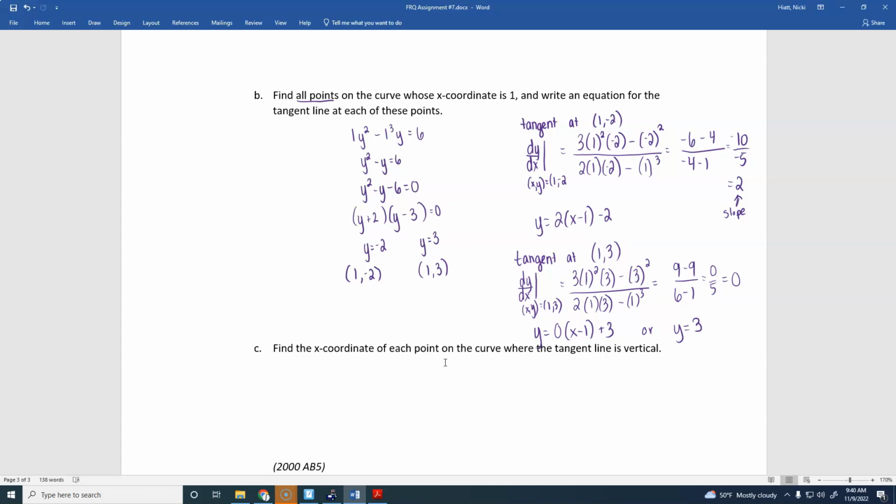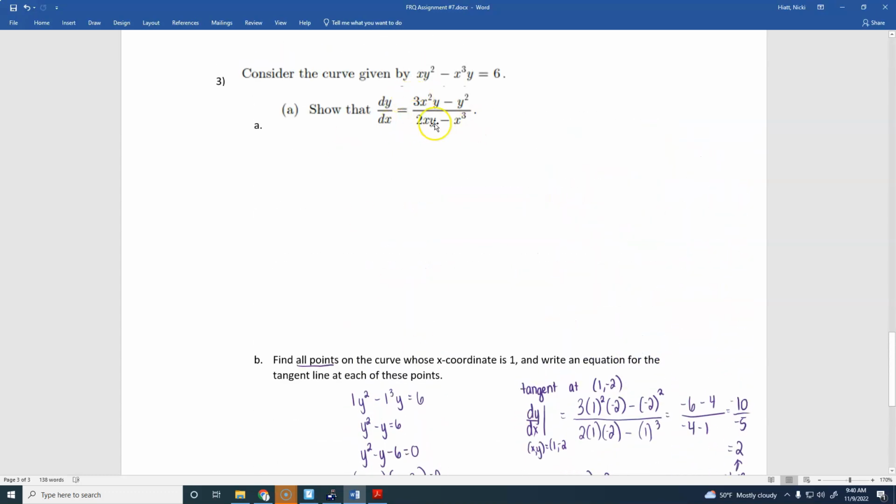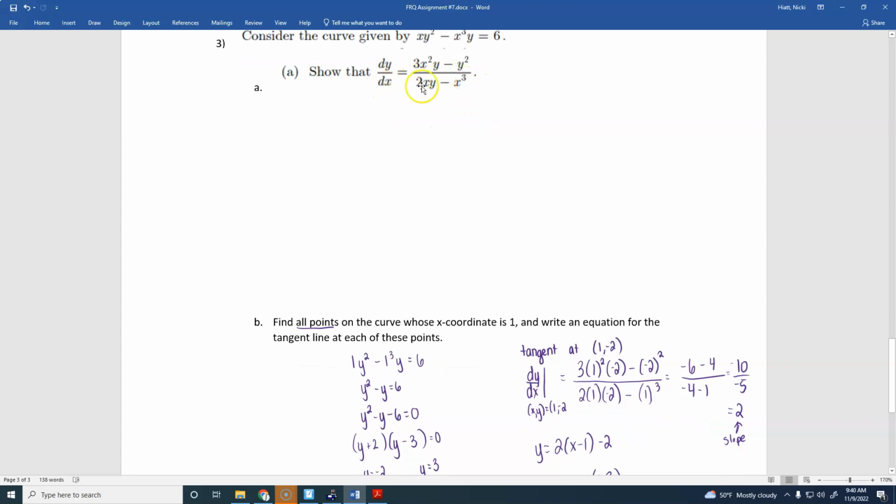If we have a vertical line, what kind of slope does it have? Not 0. 0 is horizontal. Undefined. And undefined is when we have a 0 in the denominator, right? So I'm going to go back up here to my derivative, and I'm going to set the denominator equal to 0.